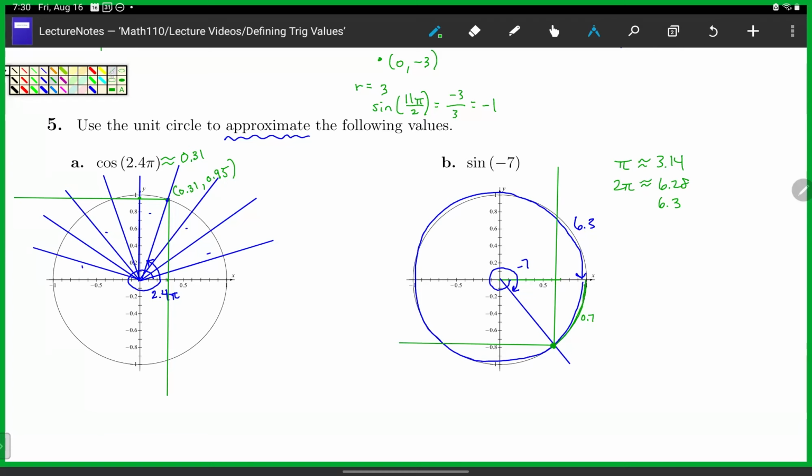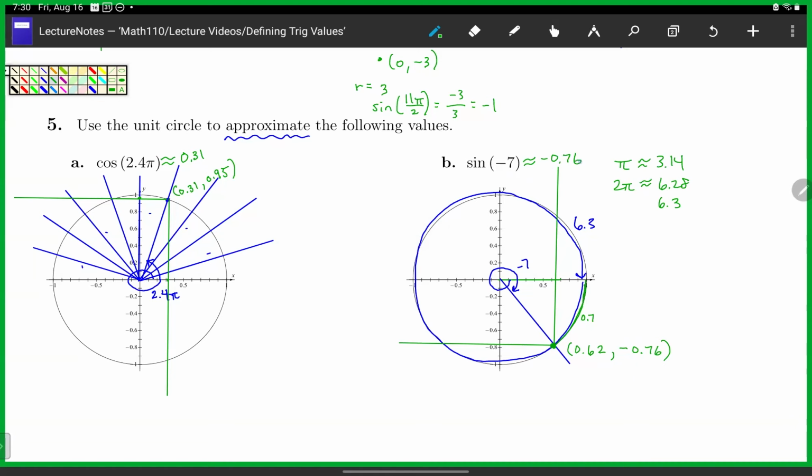And the sine here is the y-coordinate. I'm going to go ahead and say the x-coordinate looks like it's about 0.62, say, and the y-coordinate looks like it's around -0.76.